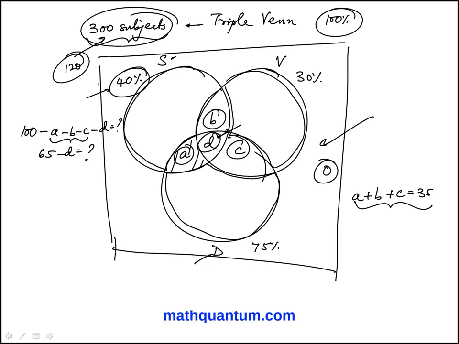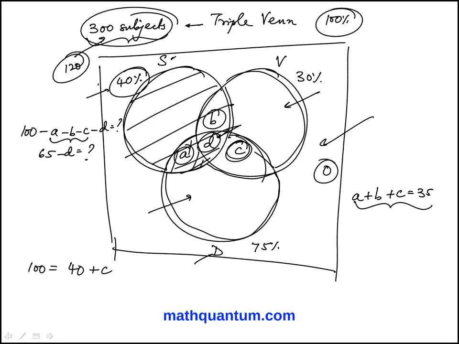That's going to come from the fact that all three add up to 100. So that equation is going to be 100. And the way I like to do these is that this entire region is 40. Now I have to add C, and then these two regions.